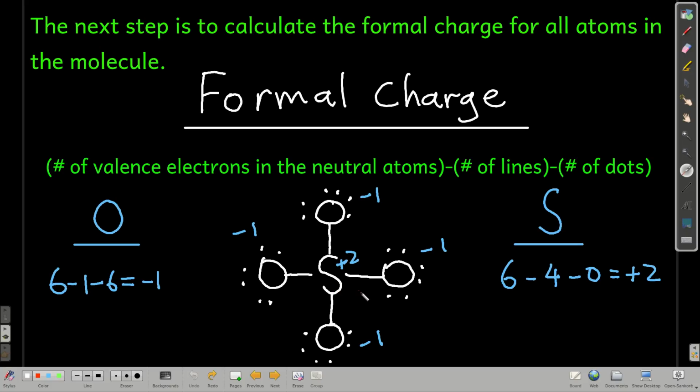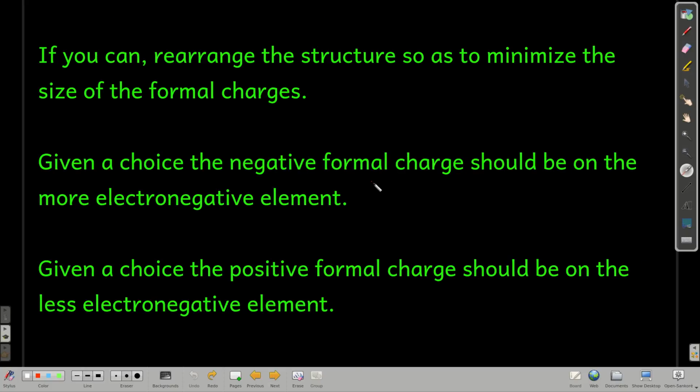Now remember, the sulfate polyatomic ion that we started with had a -2 charge, right? So when we add up our formal charges, they have to equal -2. If they don't, we did something wrong. So if you add these guys up, you'll get -2. That's how it should be. But what that means is that we know in this molecule, we will never be able to get all zeros for formal charges.